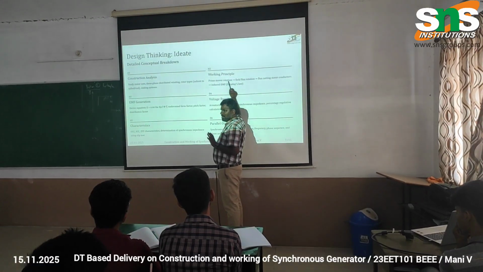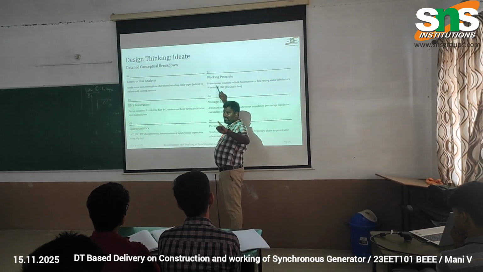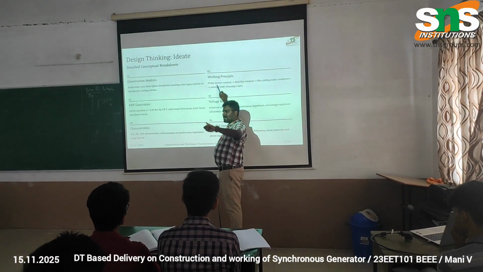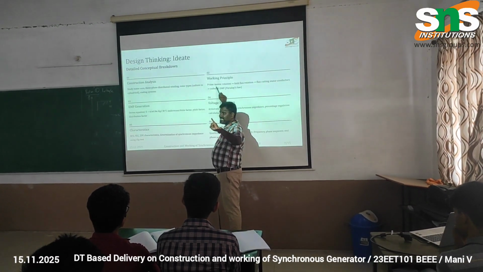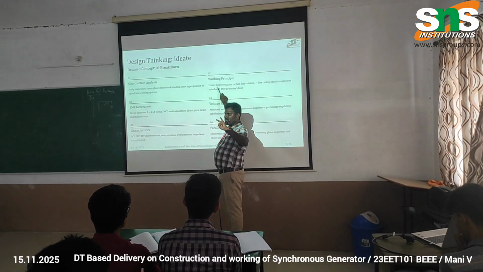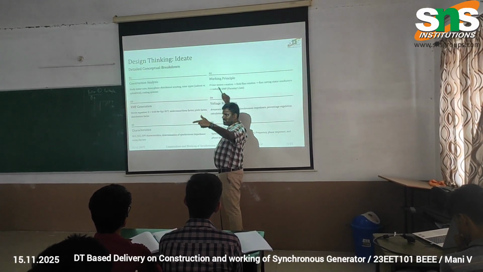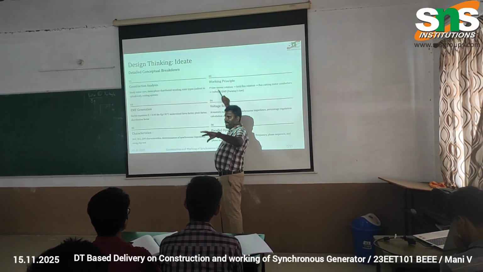And the working principle. With the help of a prime mover, we are rotating the rotor. At the same time, we are giving the DC supply to the rotor, that is called excitation. So the rotor starts producing the flux, and we get the rotating magnetic field.